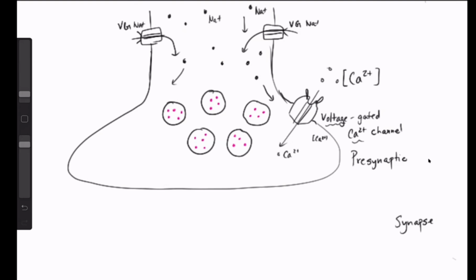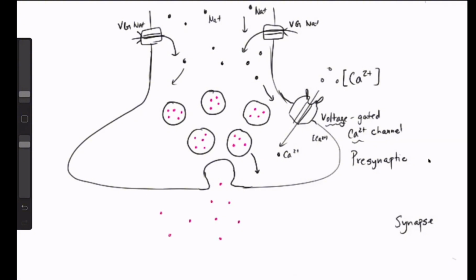Now, we don't have to understand exactly how calcium does what it does, but it facilitates the merger of these vesicles with the membrane so that you can kind of see what's happening, right? What calcium does is it allows those neurotransmitters to be released into our synapse.